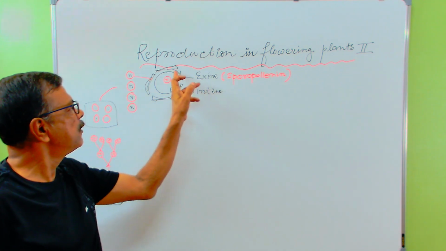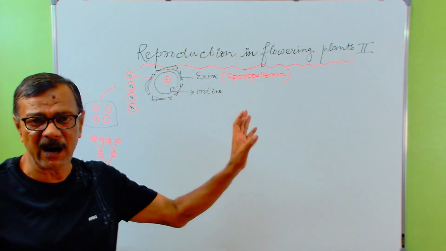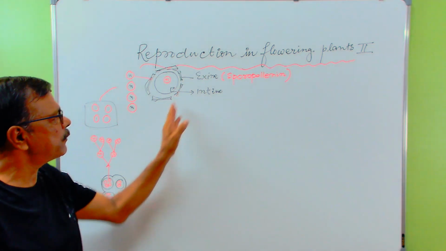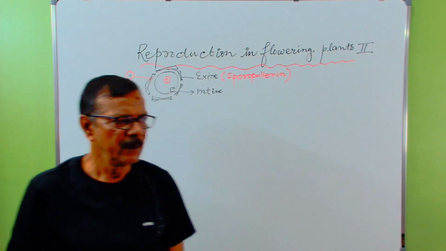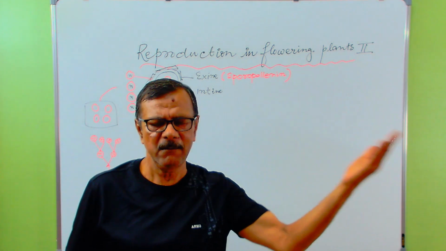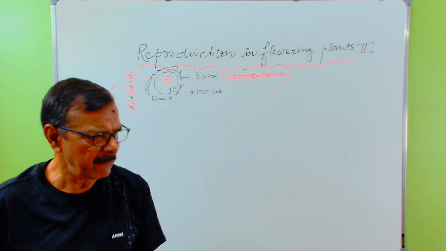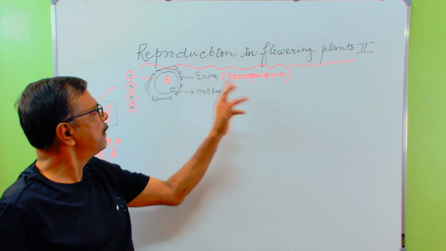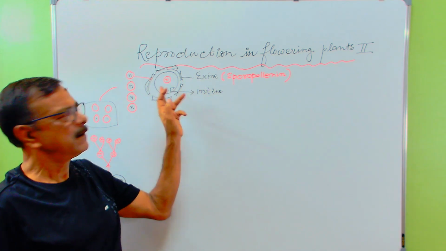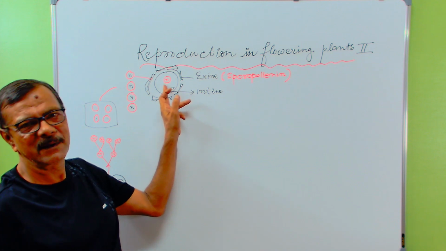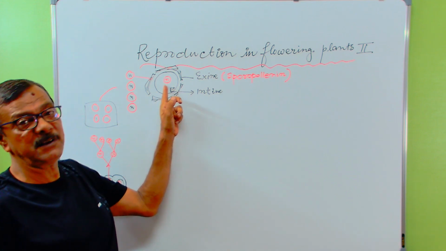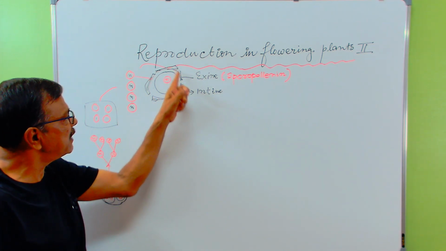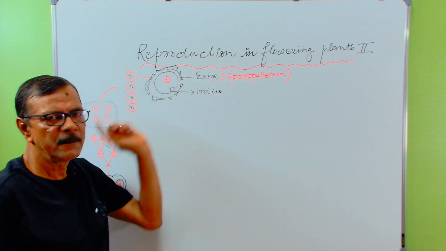It is thick, hard, and resistant to anything, because when these pollen grains fall, they will be transported by wind, by flies, by kites, or whatever it is. So the exine protects the inner microspore.